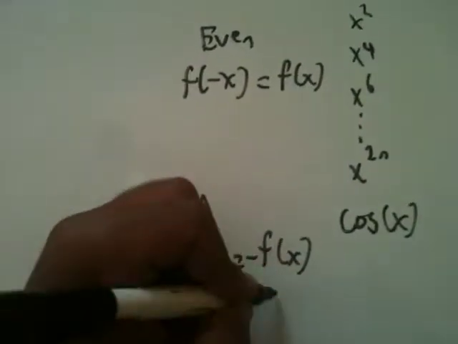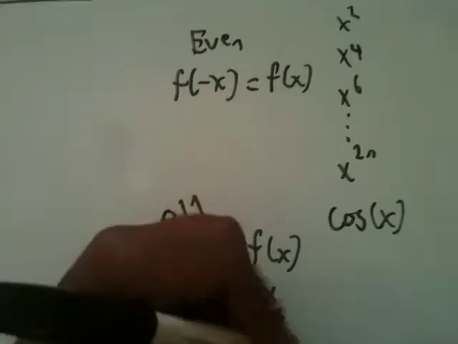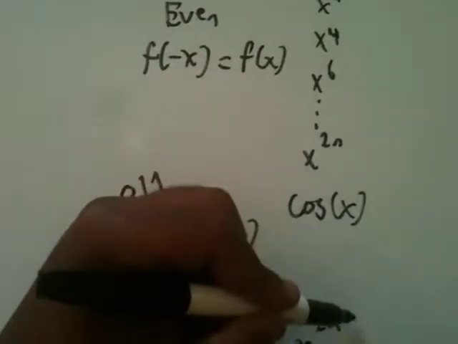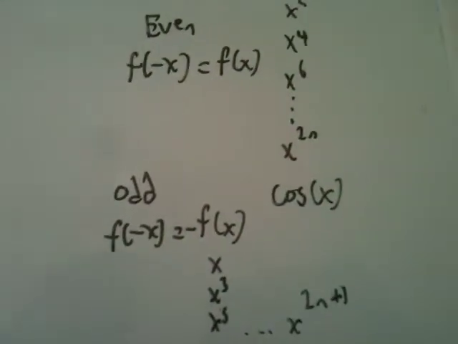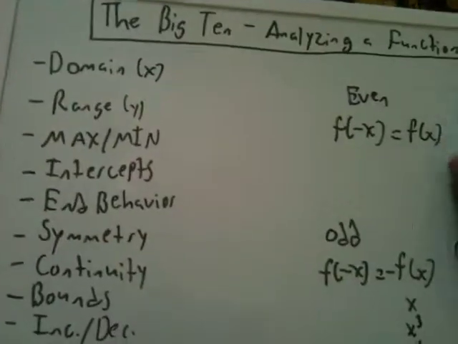So that's going to be like y equals x, x to the third, to the fifth, odd powers, x raised to any odd powers. And that's symmetry. You will denote if it's even or odd by showing it.